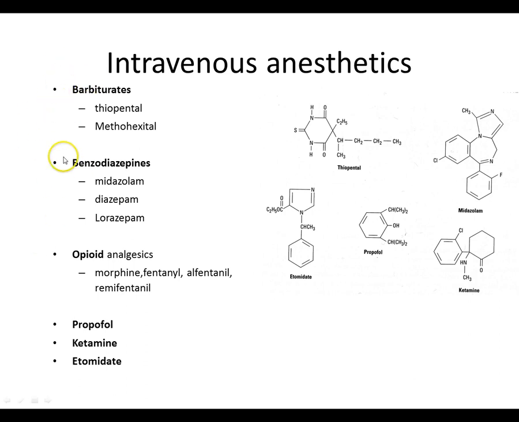And so the barbiturates, benzodiazepines, Propofol, and Etomidate are all going to have GABA-A mediated mechanisms. Again, ketamine has a unique NMDA receptor mechanism, and of course the opioid drugs will act at the opioid receptor.